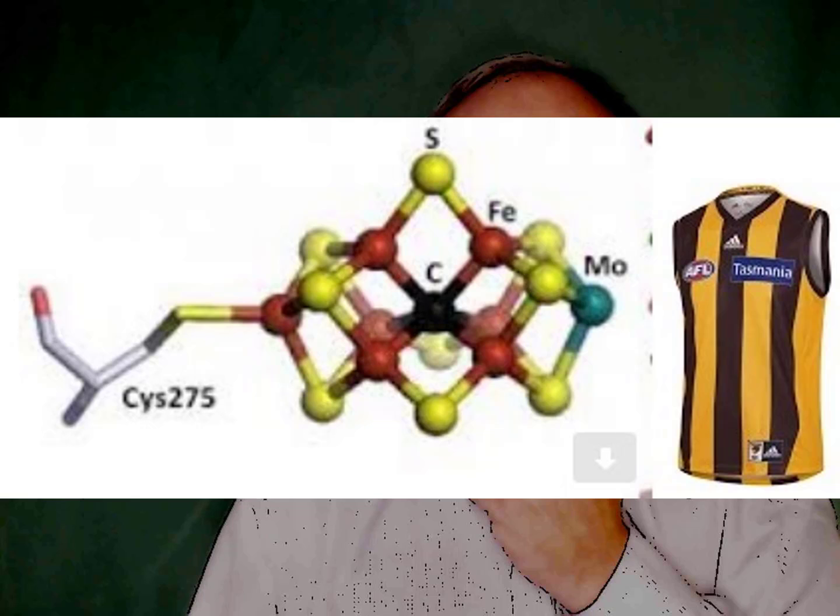Part way through in the construction, it is iron. The molybdenum gets put in, and in terms of colour it's this bluish thing with a tinge of green in it. I suppose you'd call it teal or something like that.